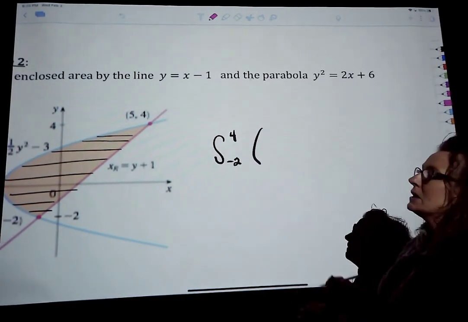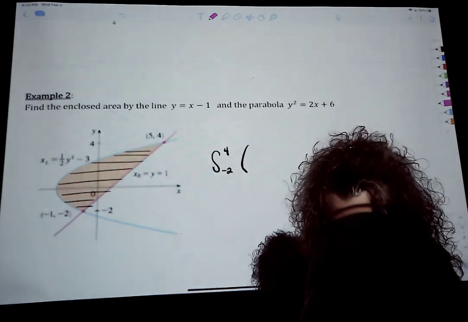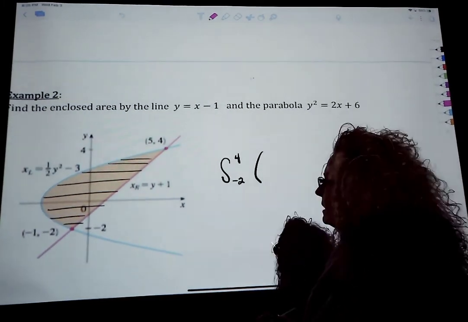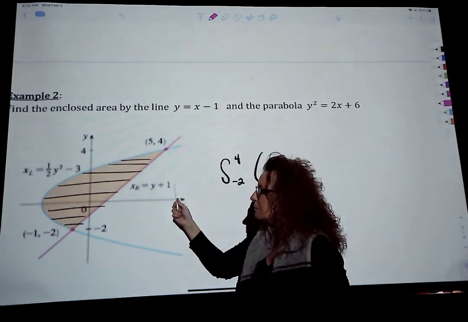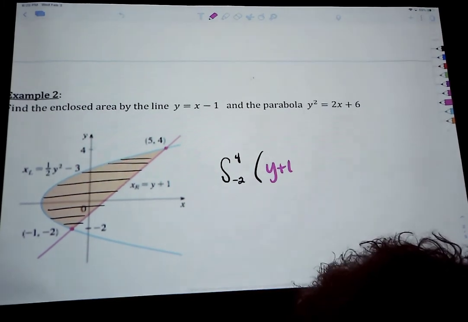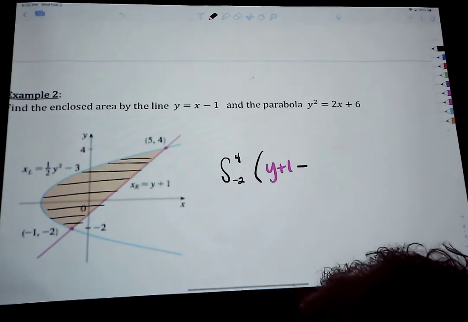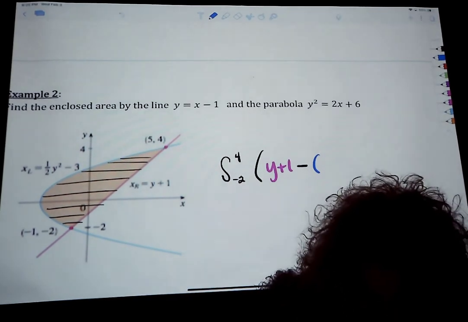Pink function needs to be in terms of y. Oh, good, it is. It says x equals y plus 1. This is in terms of y. Minus the blue function. The blue function needs to be in terms of y.